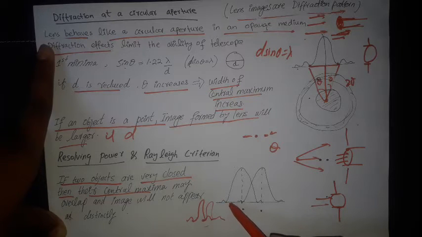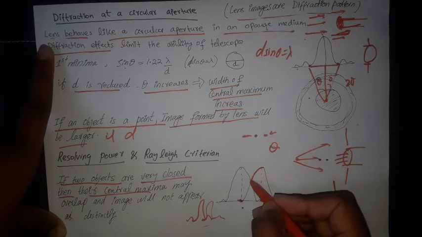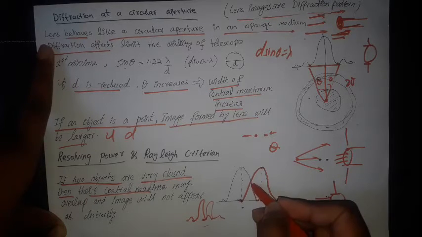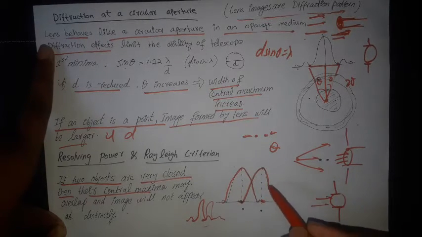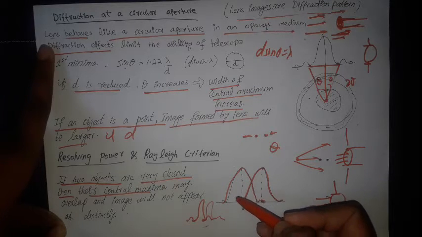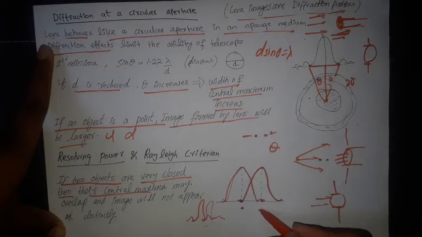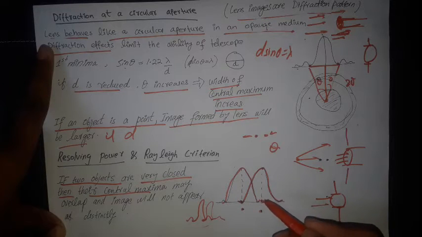This is the image of one object and this is the image of the other object, so this is the principal maxima of one and this is the principal maxima of the other. Now you can see they are overlapping with each other, therefore we cannot distinguish these two objects. So in the telescope, in the image, these two objects will appear as a single object.